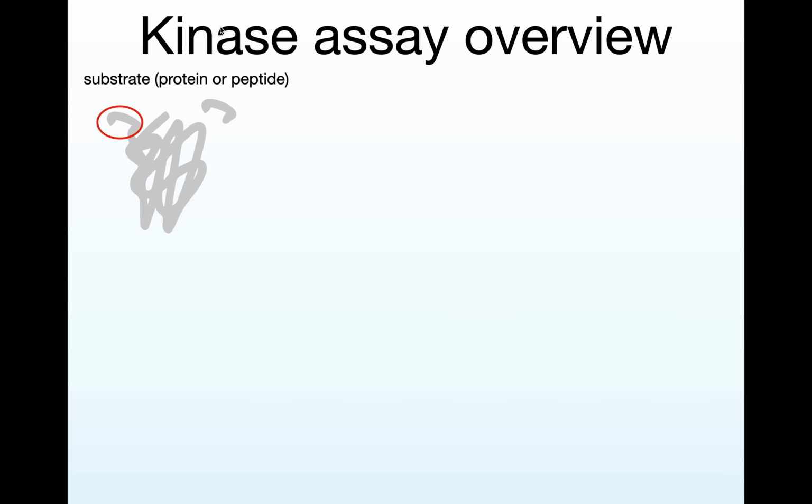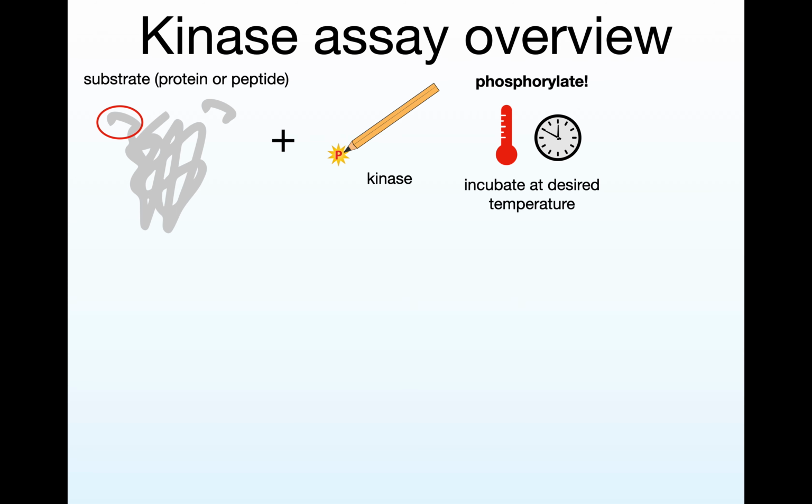So we have your substrate, your protein or your peptide, and then you add the kinase and the radiolabeled ATP, so that we're transferring something we can detect, because we can't detect just the normal ATP. Then we allow it to phosphorylate, so we incubate it at a desired temperature.